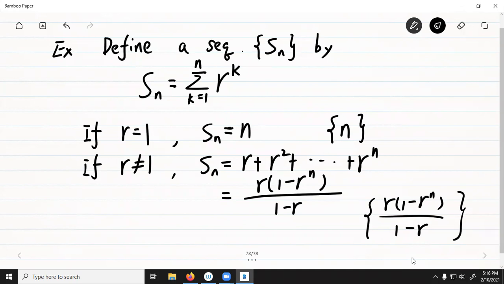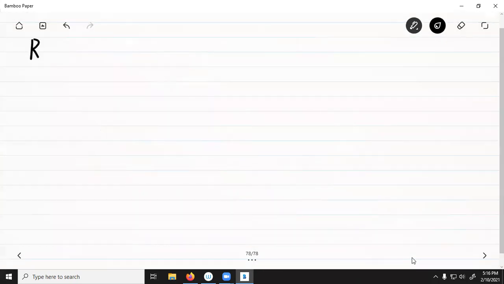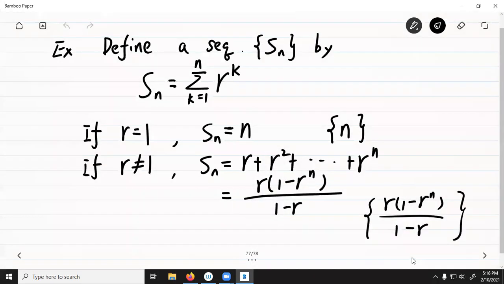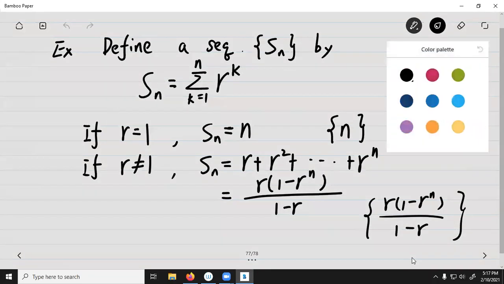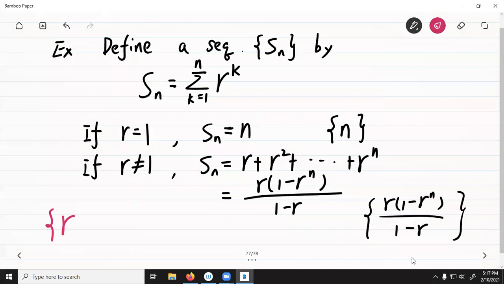Now let's look at the remark for this one. Before that, let's look at this. This S n comes from a new sequence, which is generated by the sequence r to the nth power, n from 1 to infinity. S n is the sum of the first n terms.